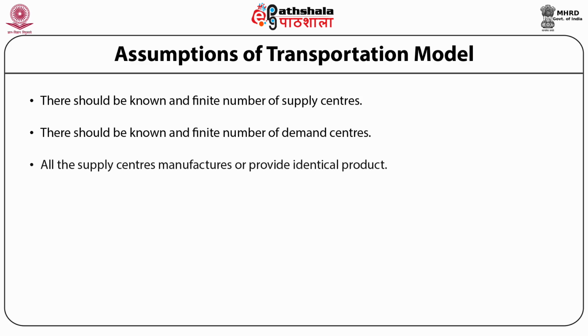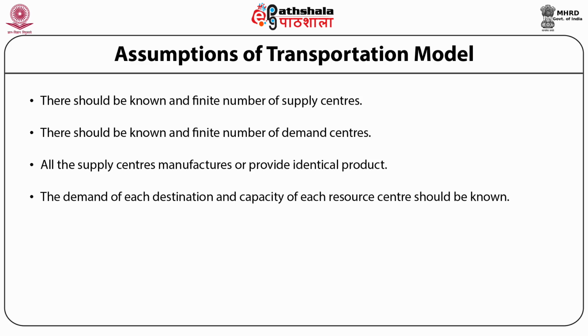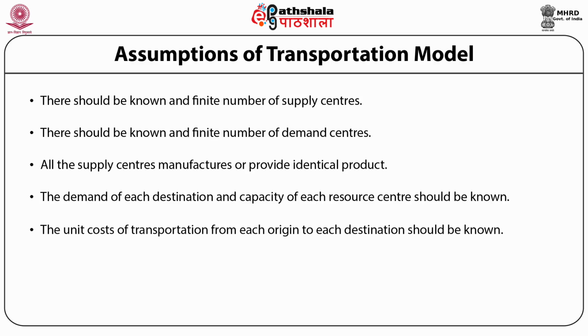Third, all the supply centers manufacture or provide an identical product. Fourth, the demand of each destination and the capacity of each resource center should be known. Lastly, the unit costs of transportation from each origin to each destination should be known.